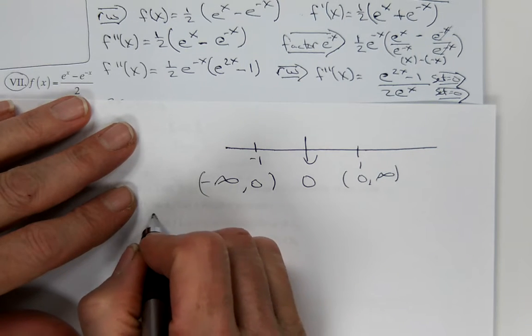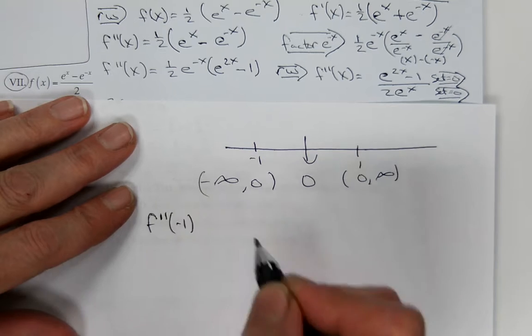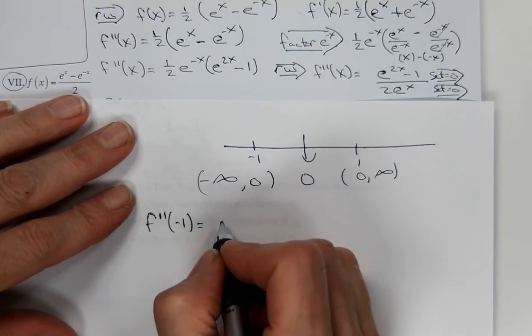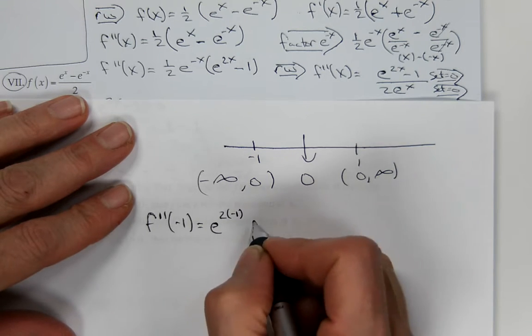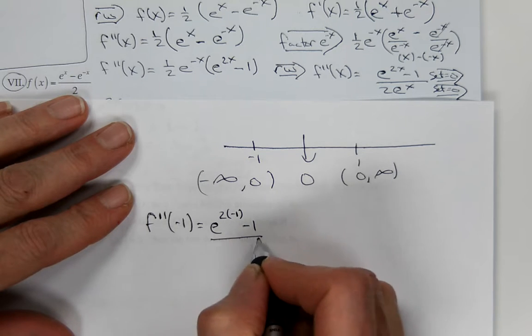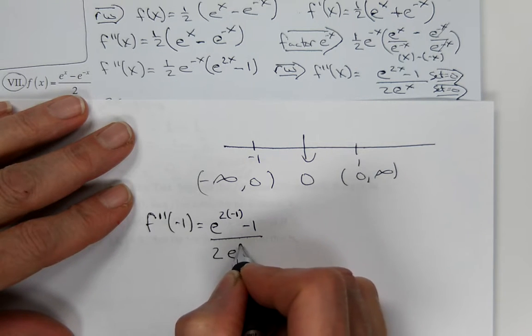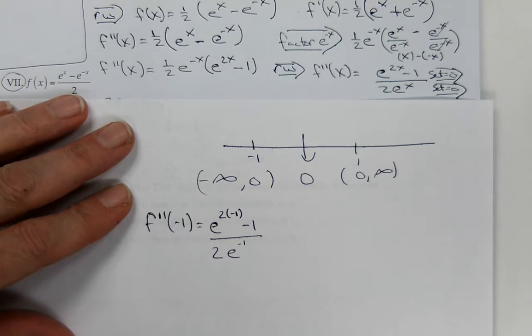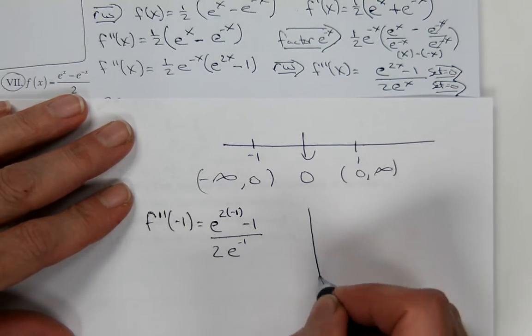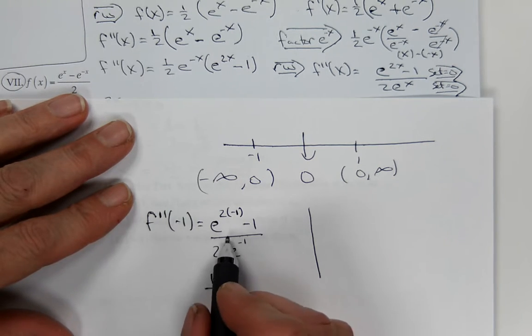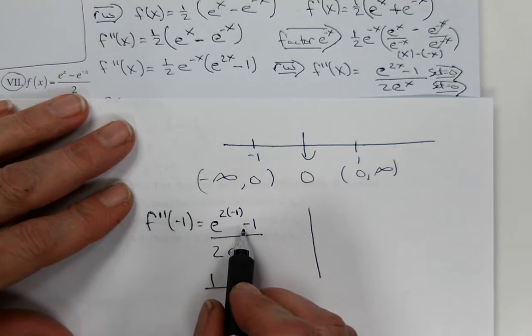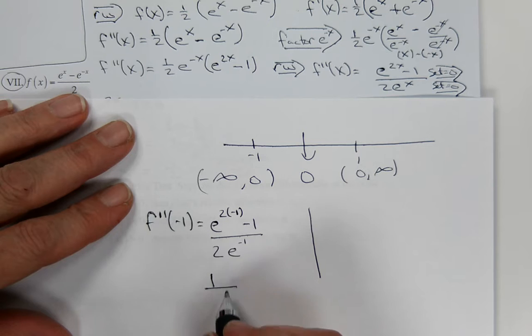So the second derivative evaluated at negative 1 is equal to e to the 2 times negative 1 minus 1 over 2e to the negative 1. I care if it's positive or negative. So let's move this to the denominator this way, because I can't just flip it into the denominator since I don't have factors in the numerator, so I can just make it its own little fraction. So 1 over e squared minus 1 over 2 over e.